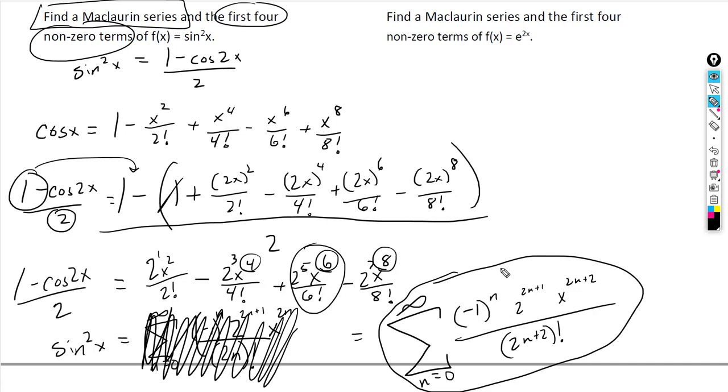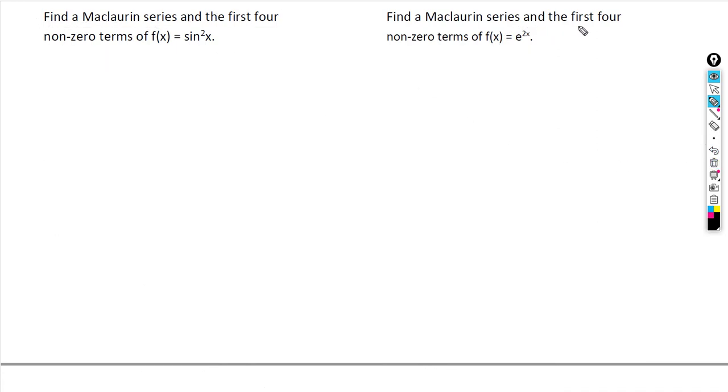Let's go into the next one, which is e to the 2x, which is going to be right there. All right, find the Maclaurin series and the first four non-zero terms of f of x equals e to the 2x. Well, we can find that e to the x is equal to 1 plus x plus x squared over 2 factorial plus x to the 3 over 3 factorial.